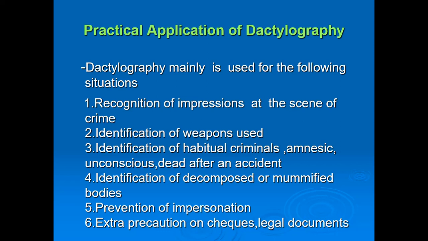Identification of decomposed or mummified bodies. Yes, even in decomposed bodies, the prints are visible. Sometimes they become more prominent, and so they can be taken and matched with ante-mortem data. Prevention of impersonation.